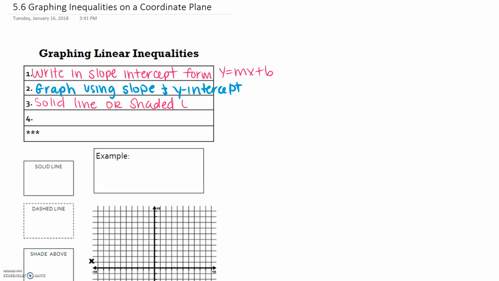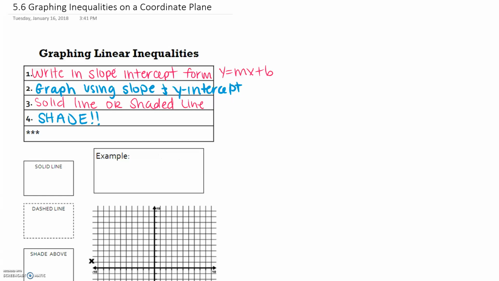And we're going to look at what constitutes a dashed or solid line in a moment. Then step 4, you have to shade. If it is greater than or less than, that makes a difference on whether you shade above or below the line. So always remember to shade when you have an inequality.